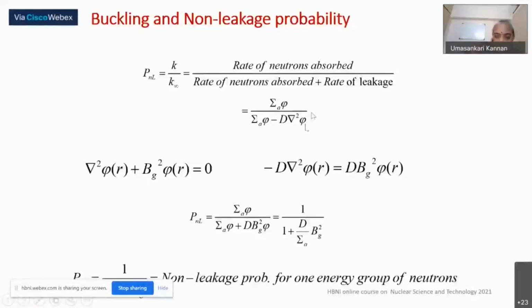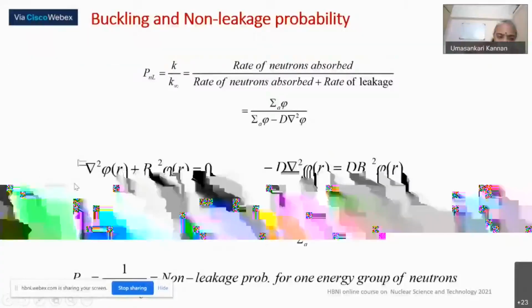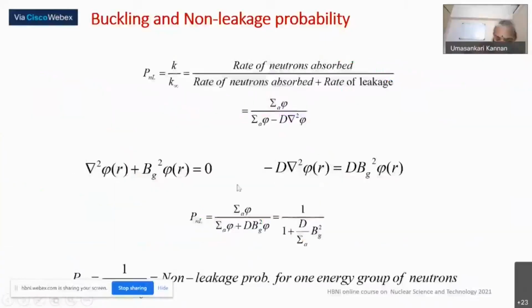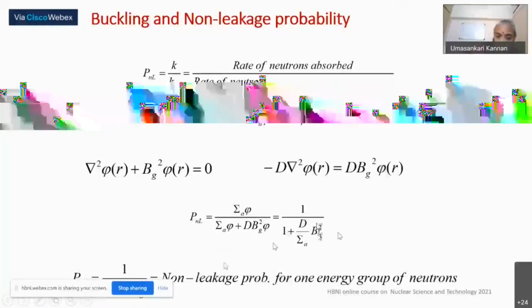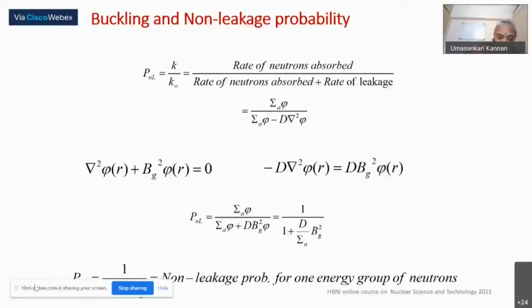Multiply by D on both sides, and we get the quantity D del square phi, in terms of the geometric buckling, equal to D Bg square phi. So the expression for non-leakage probability can be written as sigma A phi divided by sigma A plus D Bg square phi, or it can be written as 1 by 1 plus D by sigma A into Bg square.